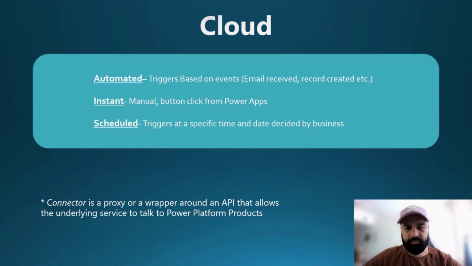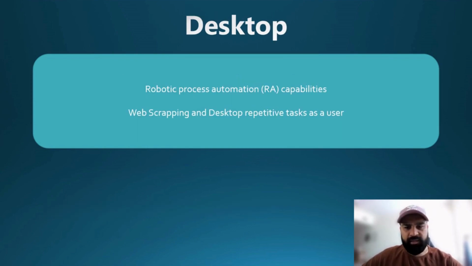Now, let's see the next category of Power Automate, which is desktop flows. Desktop flows broaden the existing robotic process automation, RPA, capabilities in Power Automate and enable us to automate all the repetitive and mundane desktop processes.